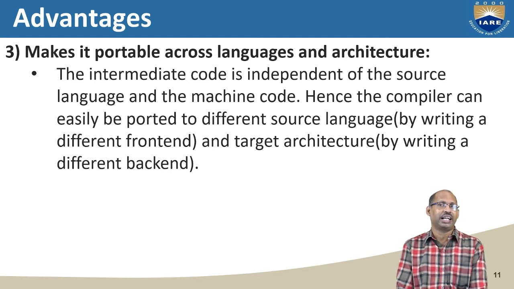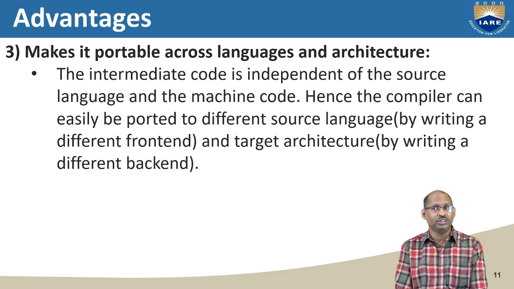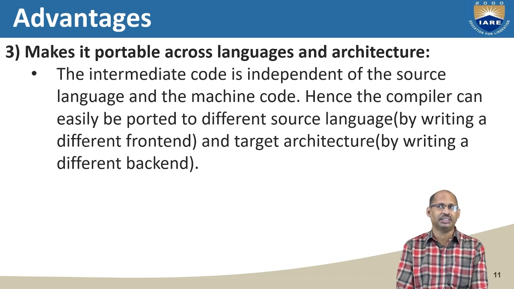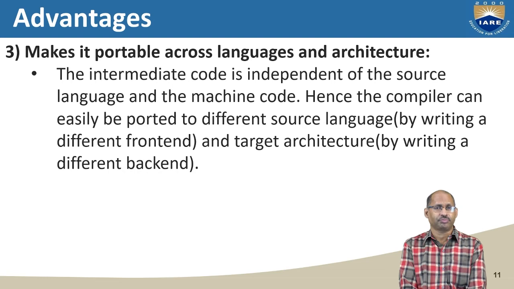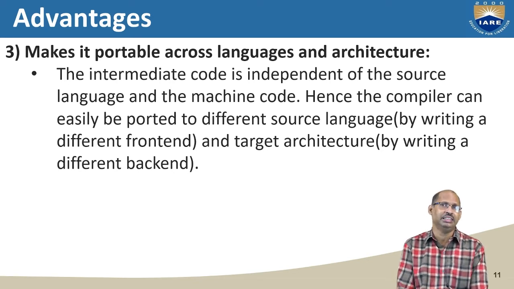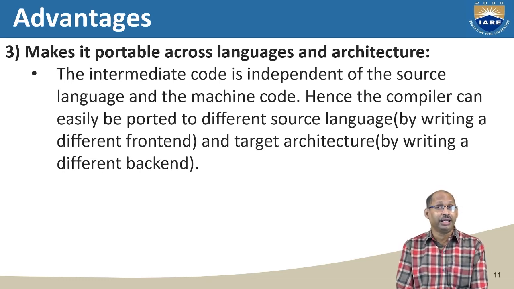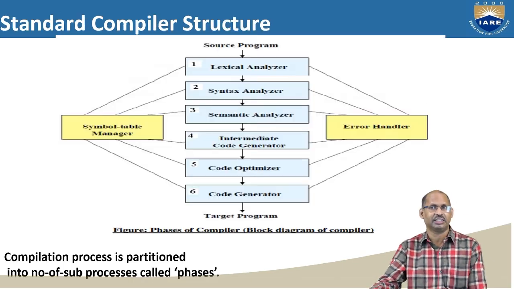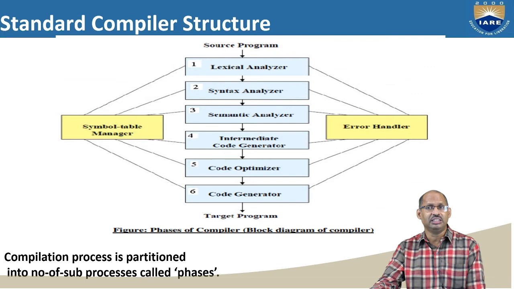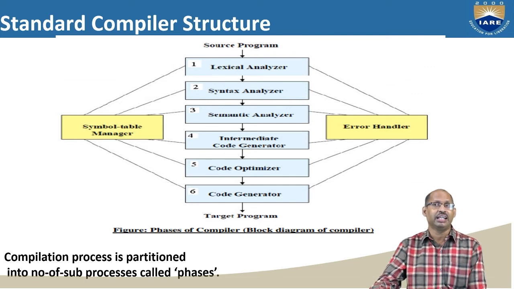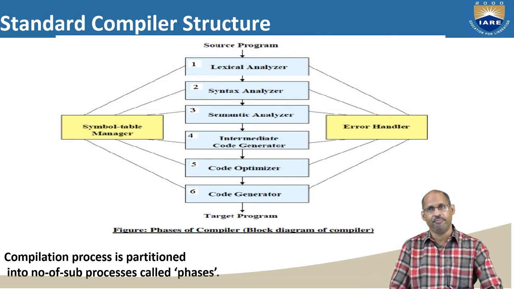Hence the compiler can easily be ported to different source languages and target machines. Right? So if there is no change in the source program, we simply change the backends and can run on different machines for the same language. So it makes it portable across languages and architectures. These are the three advantages of using a separate front end and back end.